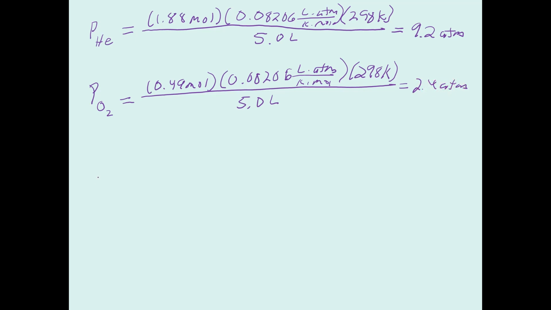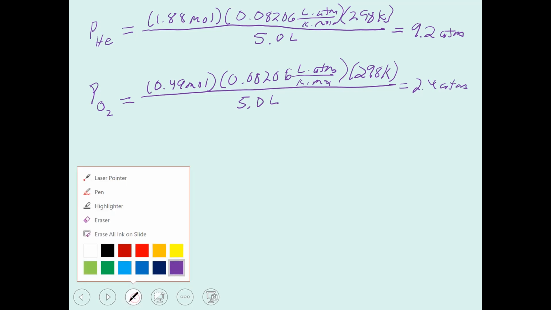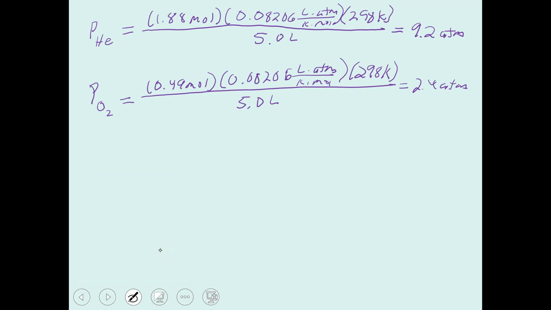So now we can calculate the total pressure. P total is equal to the partial pressure of helium plus the partial pressure of O2.